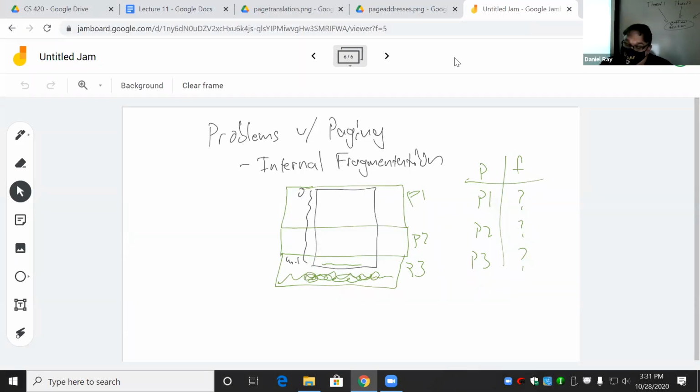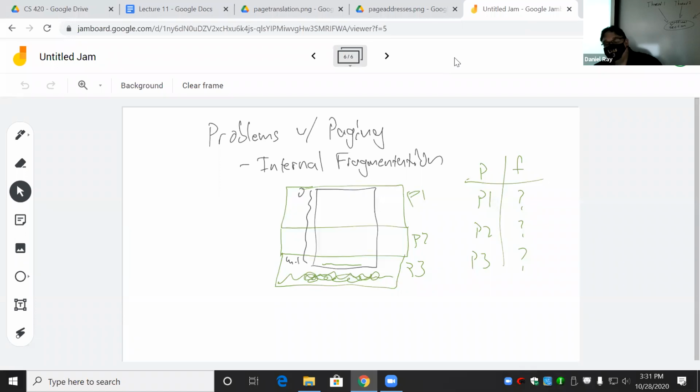But when you've got pages that have empty garbage, and they don't extend to the end of the frame, that's kind of like fragmentation. There are still holes in memory, right? It's a little better than external fragmentation, because we still don't have to worry about it, but we are not making maximized use of our memory when we do that.